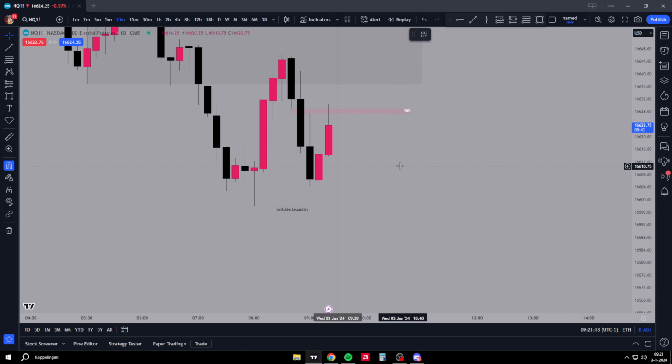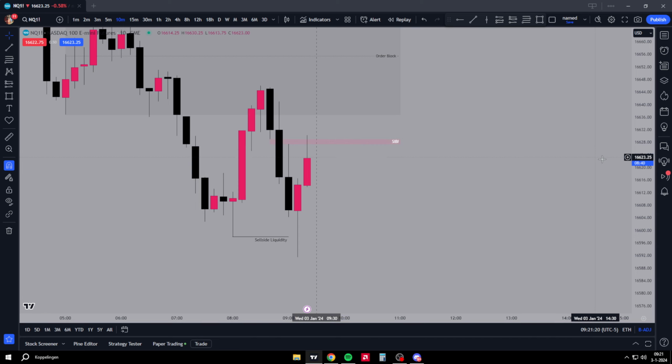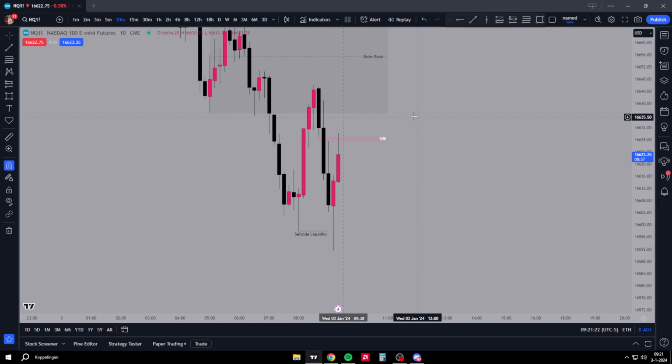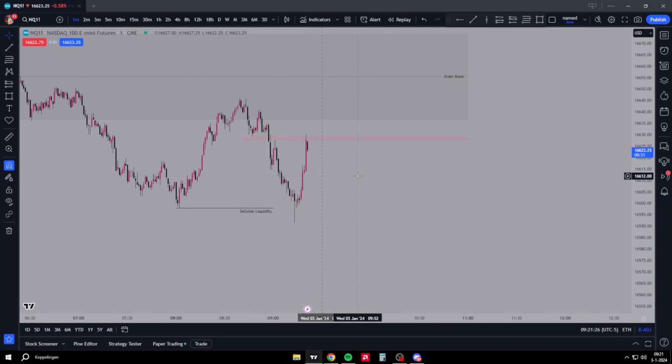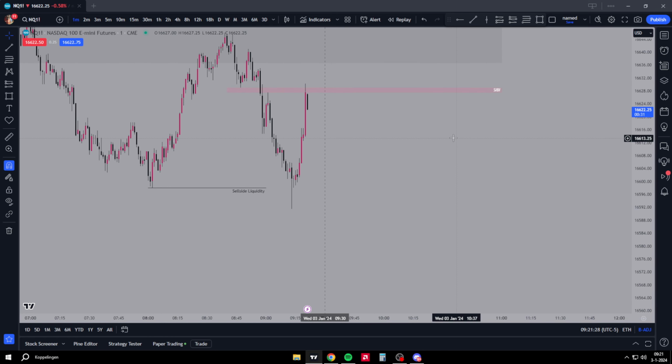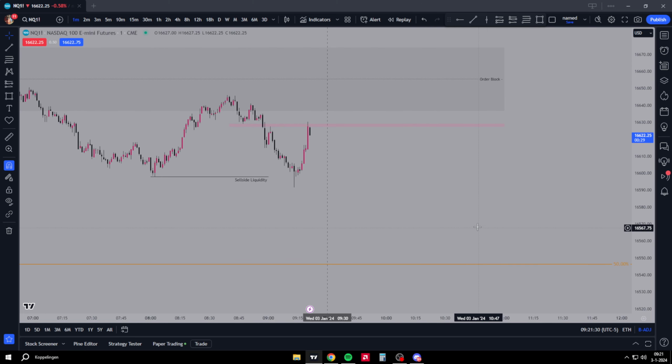I'll mark out my CB here. Alright, so we tap into this, and let's see what we do here. So yeah, where would our Judas swing be? Well, we of course would anticipate our Judas swing to be in the opposite direction.